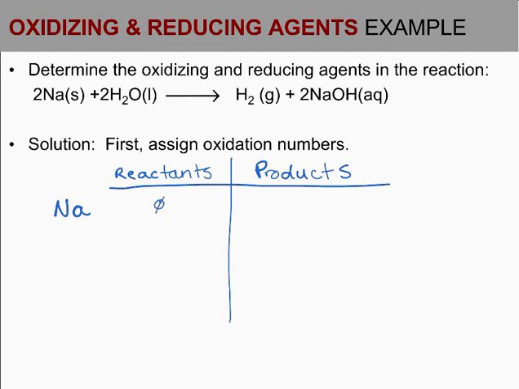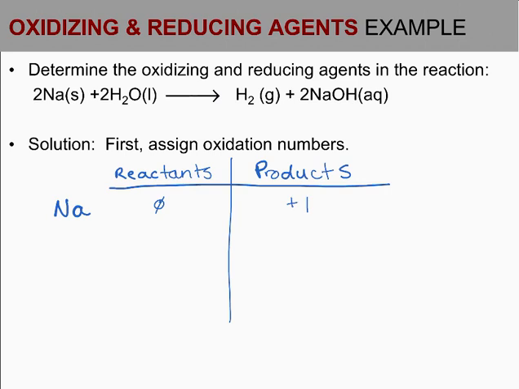But then in the products, sodium is now combined with oxygen and hydrogen. Because it's in a compound and it's a group 1A metal, we're going to assign a value of +1.